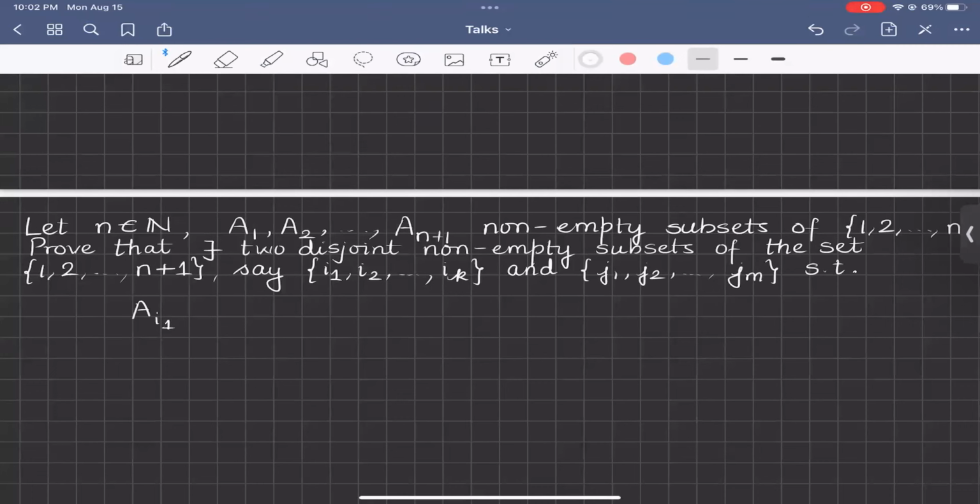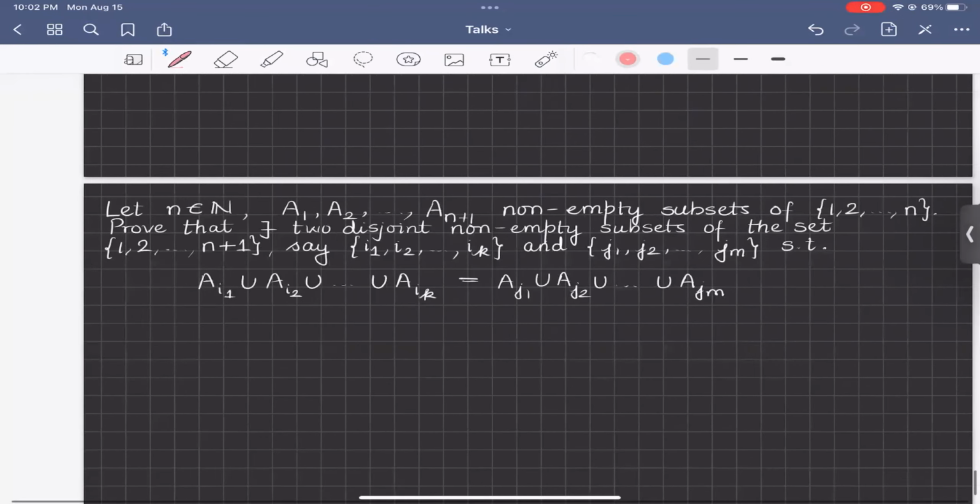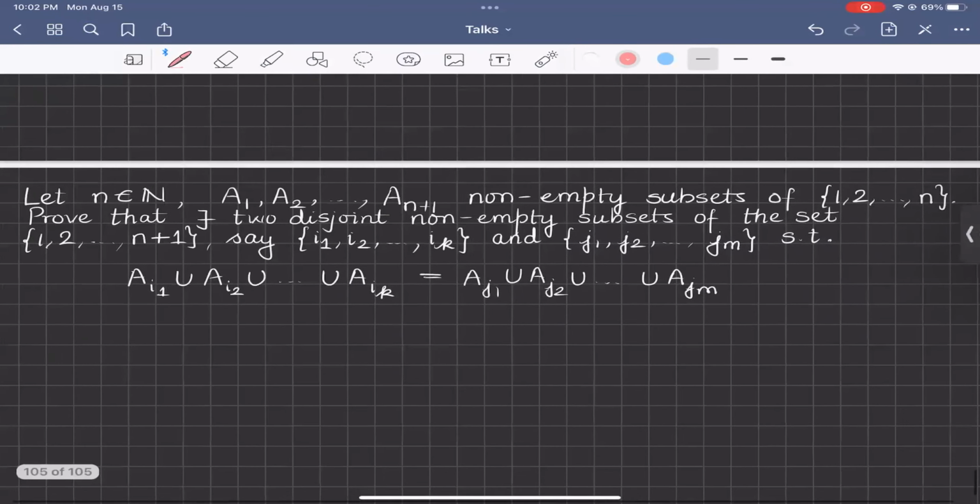Looks a little ridiculous at first, but let me just phrase this problem more easily. So we have n plus 1 non-empty subsets of this set.